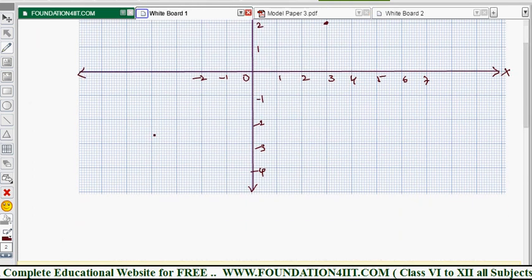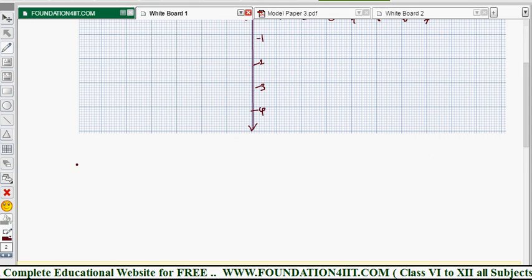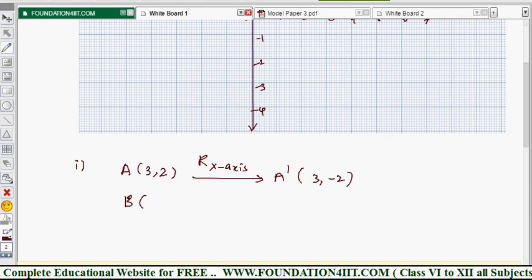For reflection on the x-axis, we should know the property. A is (3, 2), and its reflection on the x-axis, A dash, is (3, -2). The x value stays the same, but only the sign of the y value changes. That is reflection on the x-axis. And B is given as (5, 4).